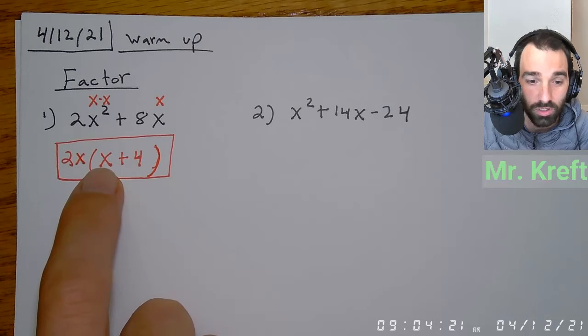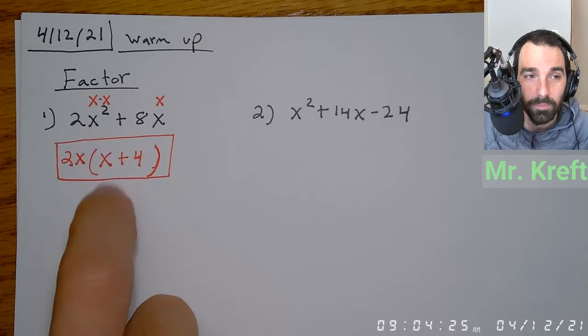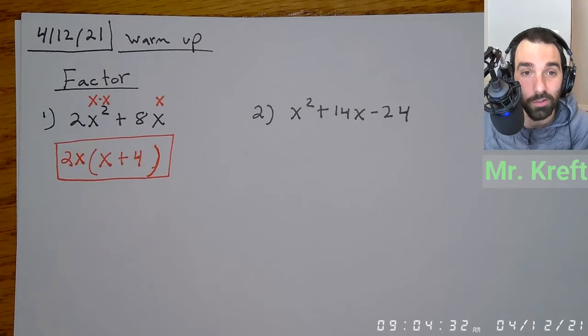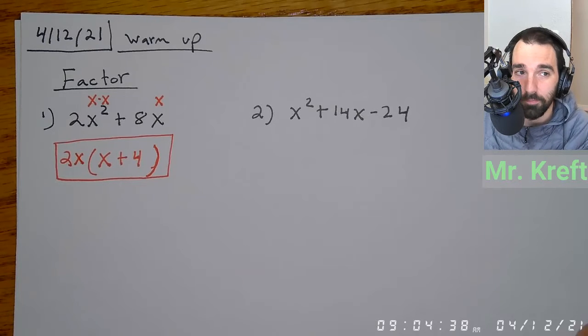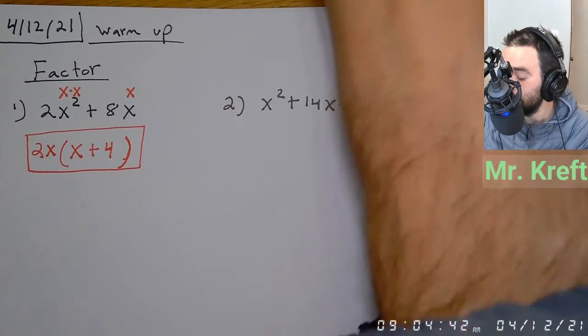The 2 is going to be there, so 2 times 1 is 2, and x times x gives me x squared. Then 2 times 4 gives me 8, and then I need the x there. It is hard because we're working backwards, just like walking backwards is harder than walking forwards. So we're just going to have to keep practicing that and figure that out.